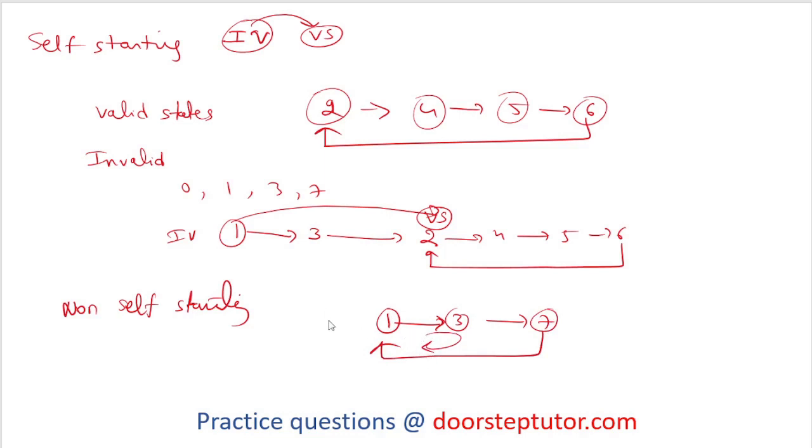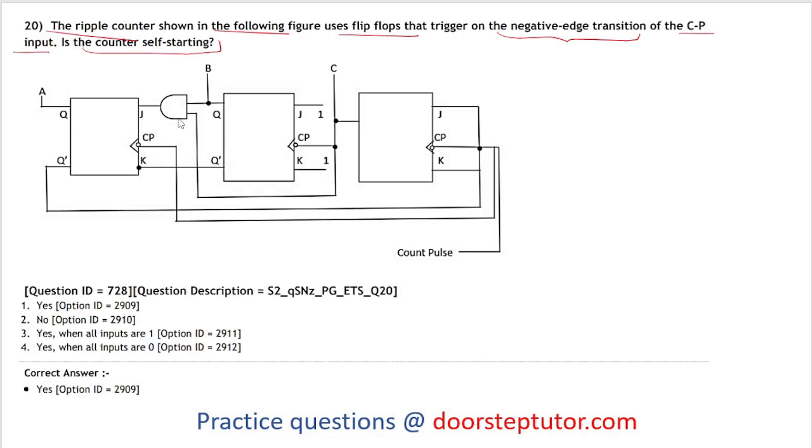So our counter, once it enters into an invalid state, will remain in the invalid state. It will never go into the valid states. That kind of counter is called a non-self-starting counter. So for the given counter, we have to identify the valid states and then check whether it will go into a valid state from a given invalid state.